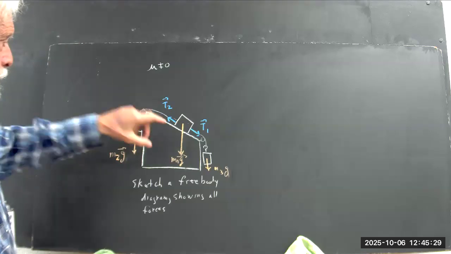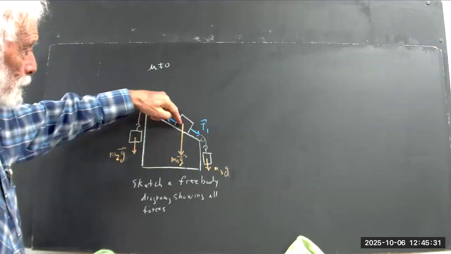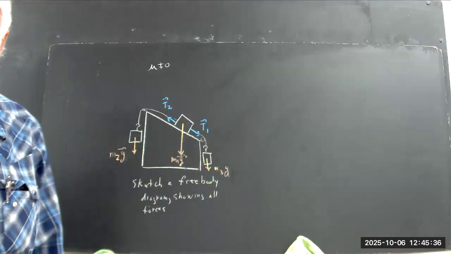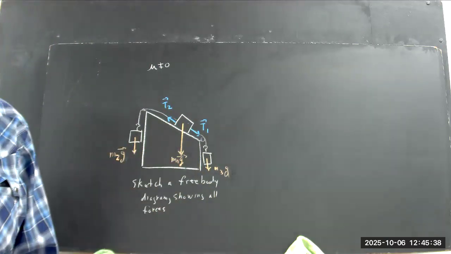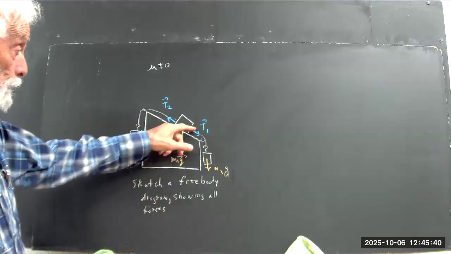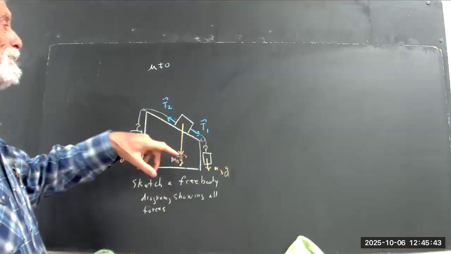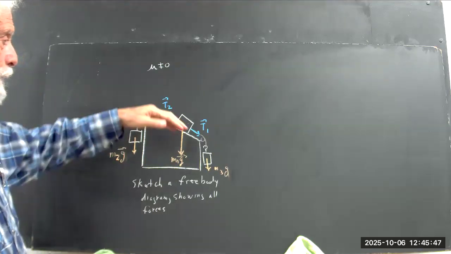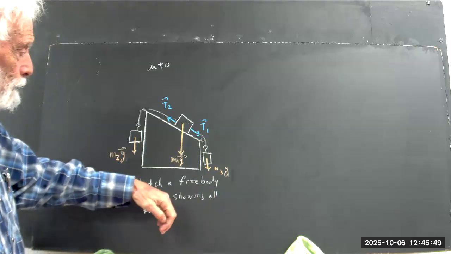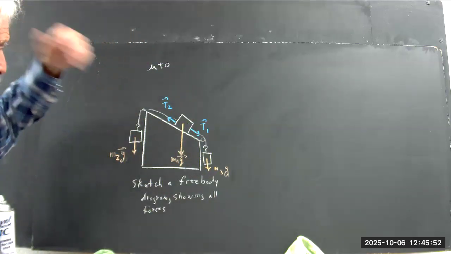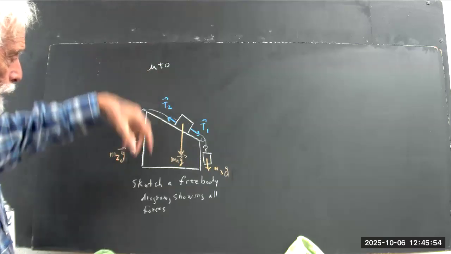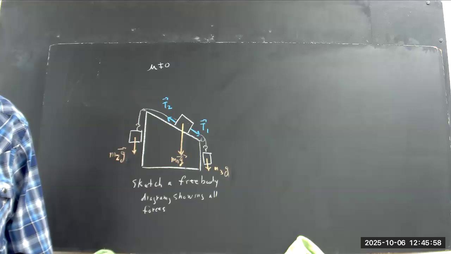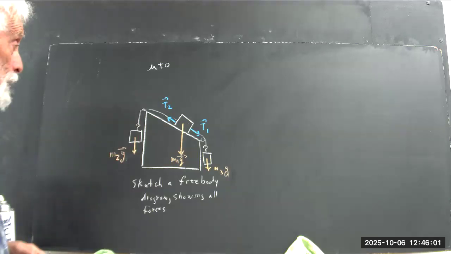As it is now, unless T2 is really big, this thing is going to be accelerating somewhere in this direction. And it's not going to stay on that ramp. It's this force and this force. I guess if these forces balance out just right, if this was a pretty big force, and this had an even bigger force with enough upward component, they could potentially balance to keep this thing on the ramp.